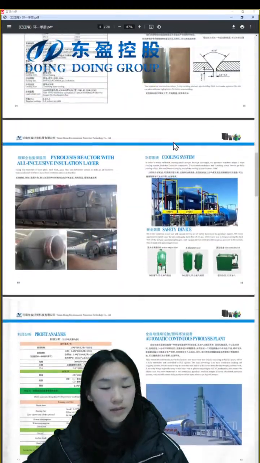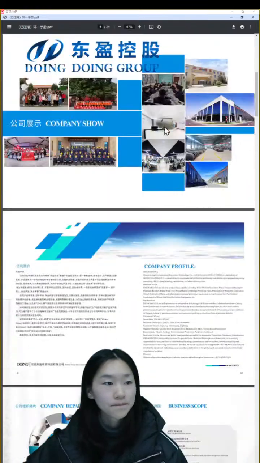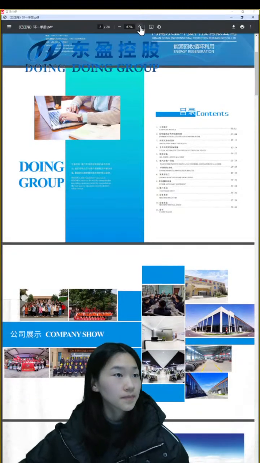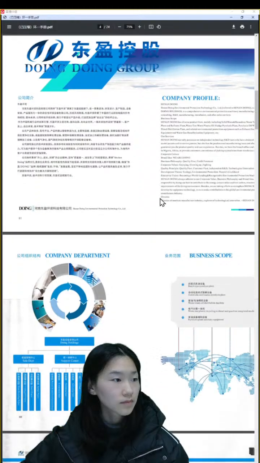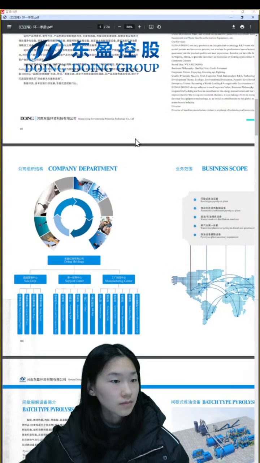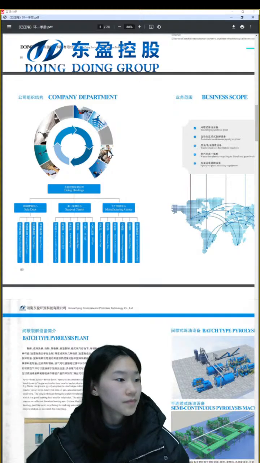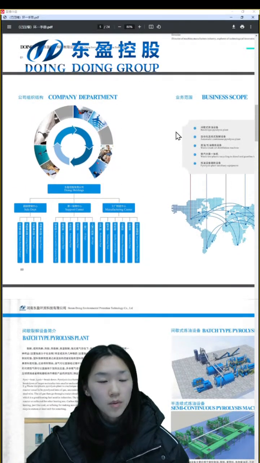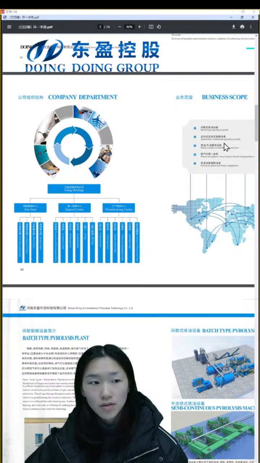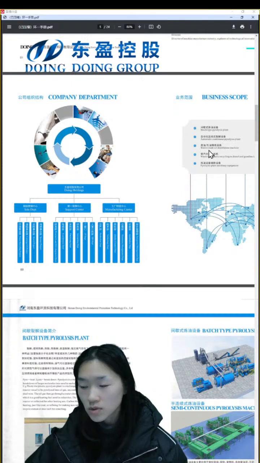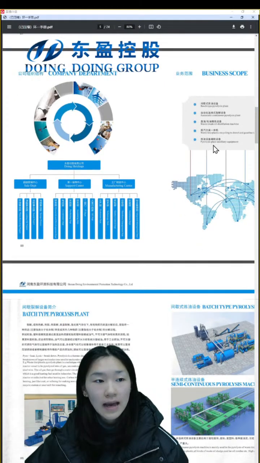Okay, let me introduce more details for everyone. You can see our company's main products are batch type pyrolysis machine, automatic continuous pyrolysis plant, and waste crude oil pyrolysis oil to diesel distillation machine, and other auxiliary equipment you can choose.